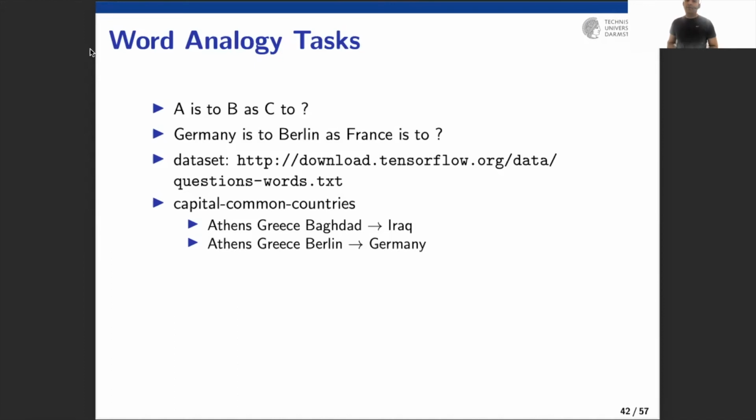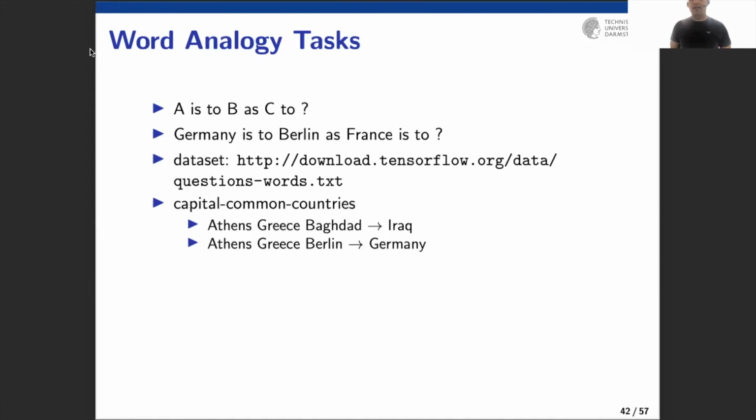So here we do not have any information about the relation, but we just know that Germany and Berlin are related to each other in the way that France and Paris are related to each other.